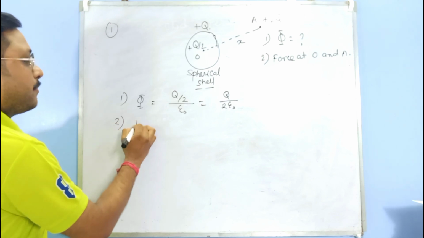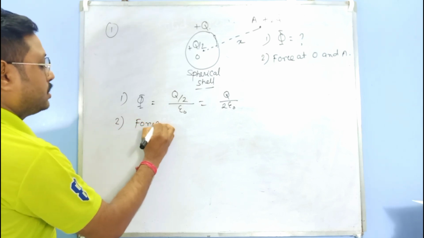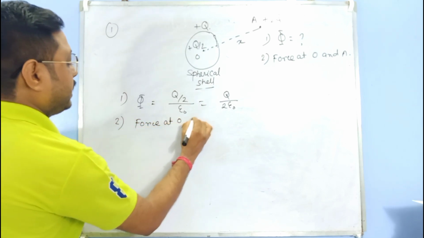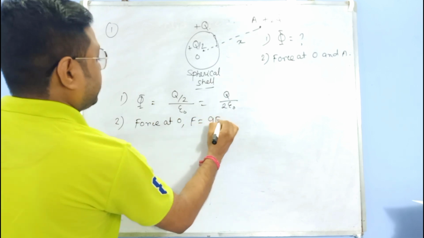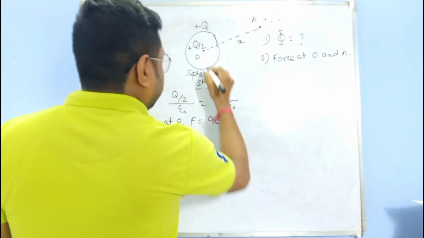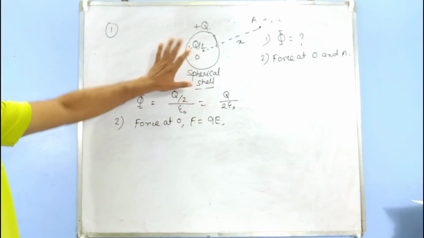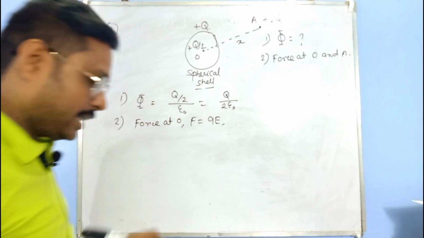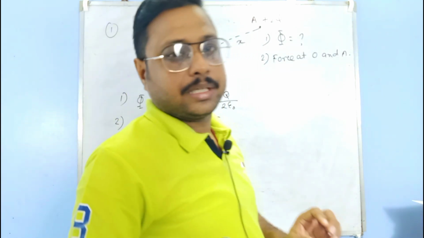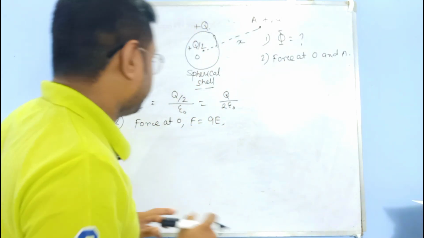Number two, force at O. Force F becomes QE. But inside the sphere, E is 0. We know that inside a conductor, the total electric field is 0.